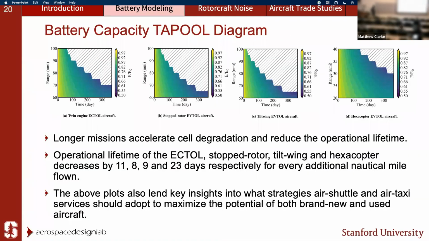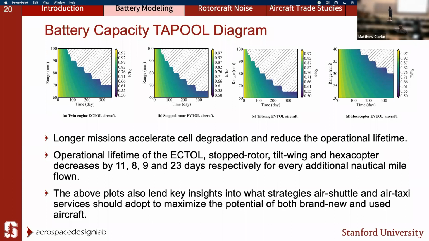Now, this is where things get pretty interesting, right? I'll start off with this first plot and explain it, and then you can take the trends throughout for the other aircraft. What we expect to happen, for example, if you're flying a flight profile of 100 nautical miles, is that this aircraft can only sustain it for about 80 days until it cannot sustain that flight anymore.